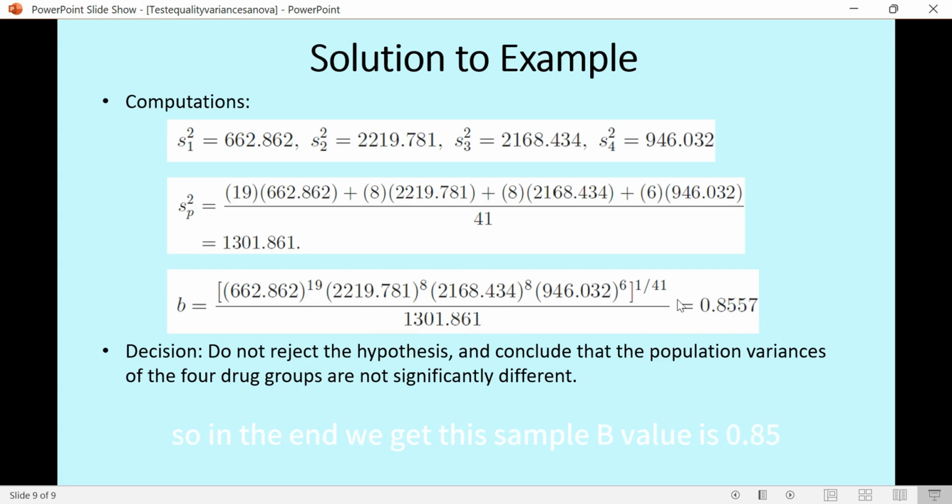In the end, we get a sample B value of 0.85.